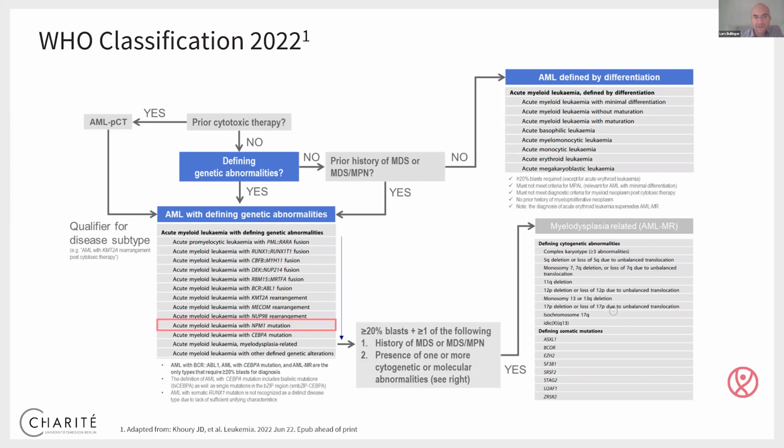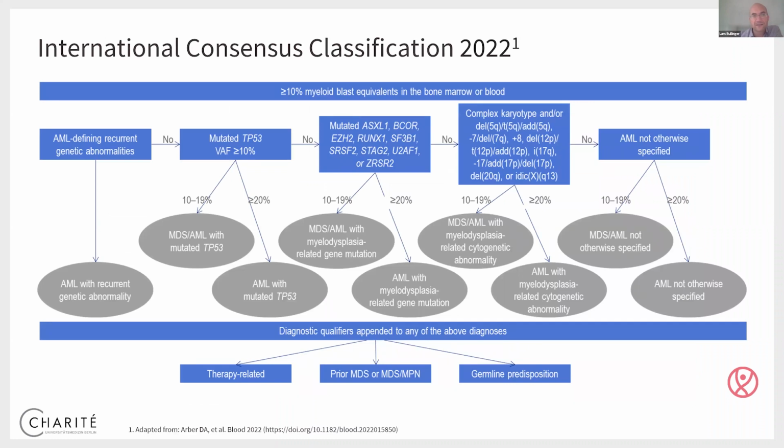I think there nothing has really changed. AML with NPM1 mutation is still a genetically defined AML subgroup, but additional co-mutations are not really taken further into account, and the same accounts for the new ICC, where the NPM1 mutant ones are also buried in this cohort, AML with recurrent genetic abnormalities.